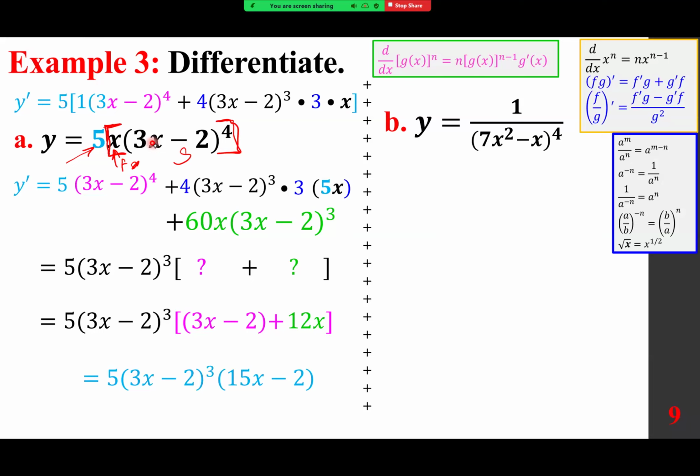If the fraction contains a numerator which is a number only, you don't have to use the quotient rule. You rewrite it as such, (7x squared minus x) to the power of -4, and use the extended power rule.